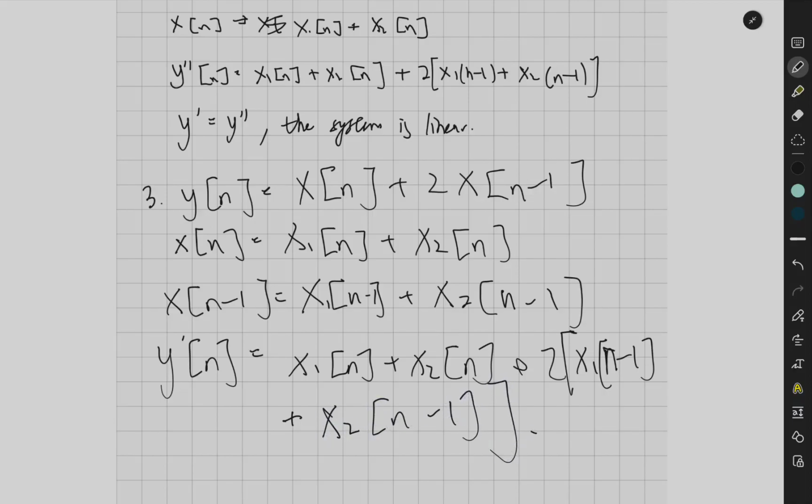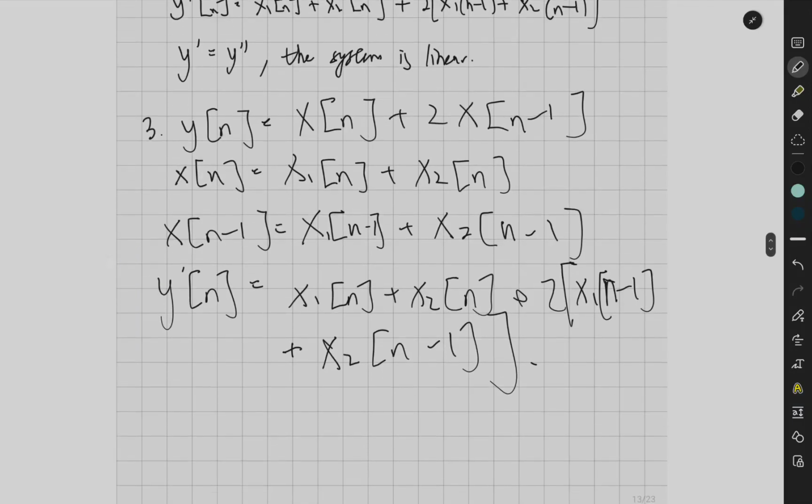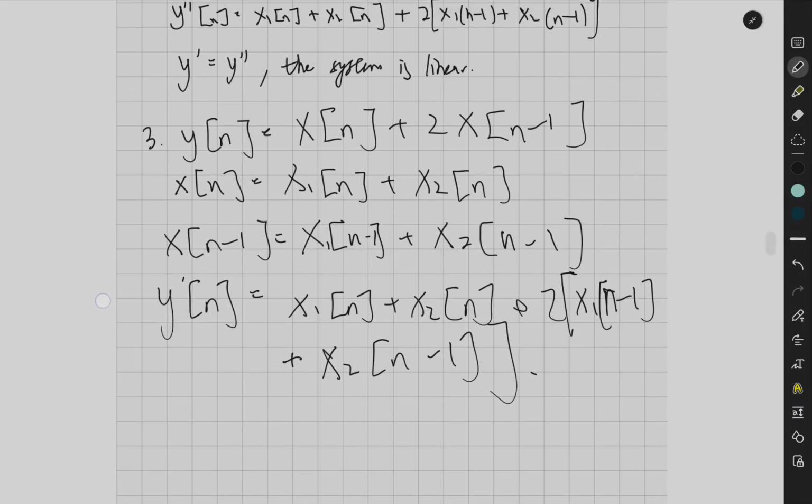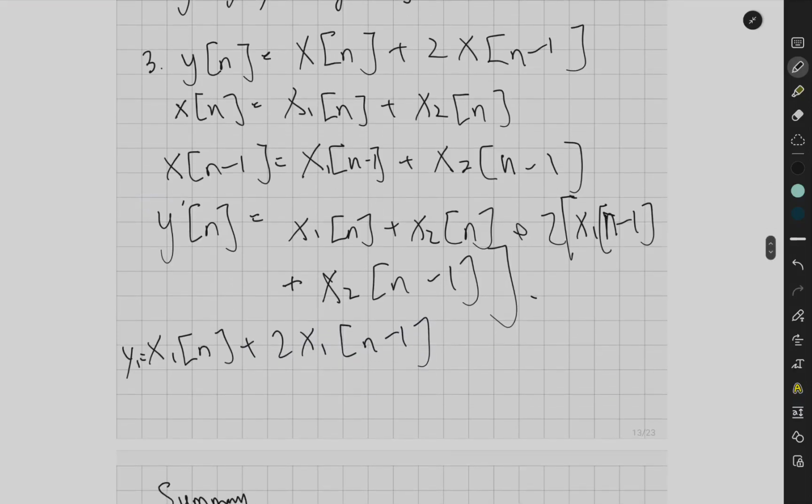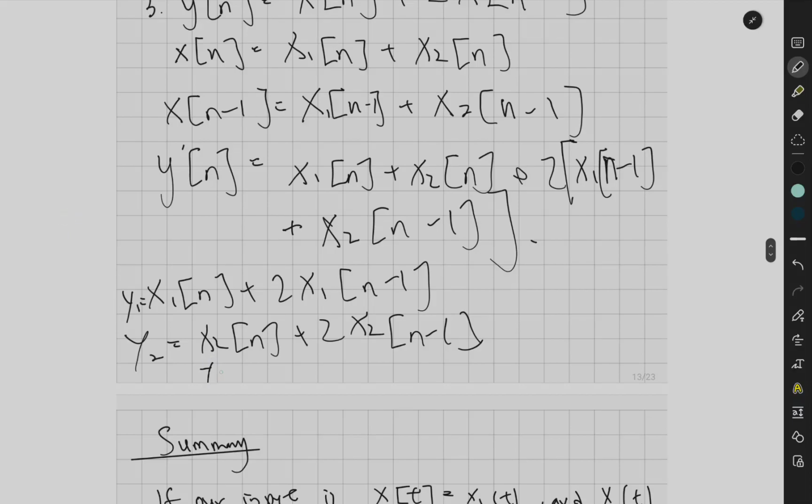So this is the series that we do. To do parallel, we set y1 as x1n plus 2x1n minus 1, and y2 as x2n plus 2x2n minus 1. Okay, so the two functions combine together, so this is parallel.